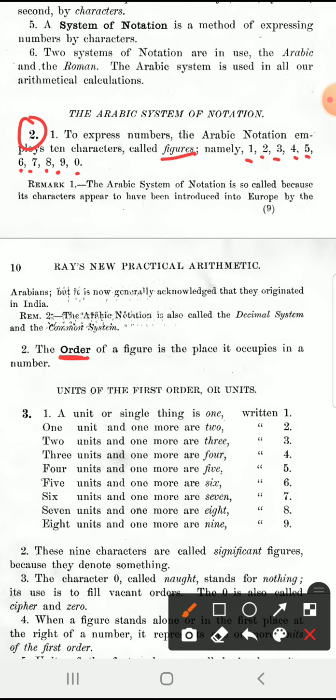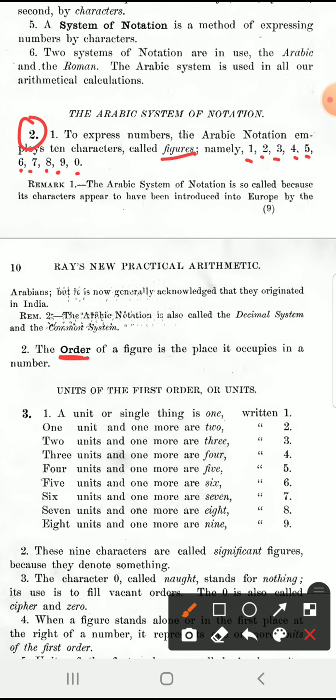The order of a figure is the place it occupies in a number. So we're going to learn how we can express any number by this combination of figures and orders. Not just the figures, but also the place or order of the figures in a number using the Arabic system.